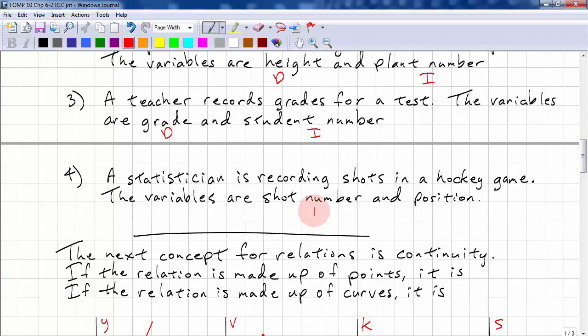So the shot number is the independent variable, and the position is the dependent variable. So one way to test if something's an independent variable or not is to see if we have more than one occurrence. So if we're looking at the shot number, it can only have one position, but a position could occur at different shot numbers, so position would not be the independent variable.